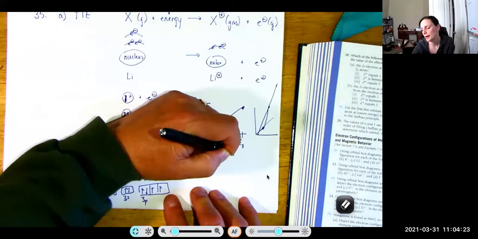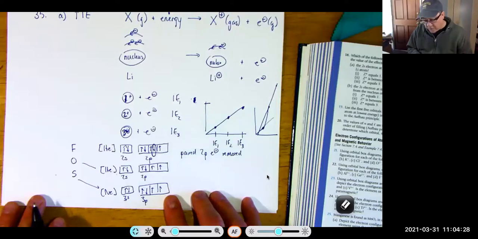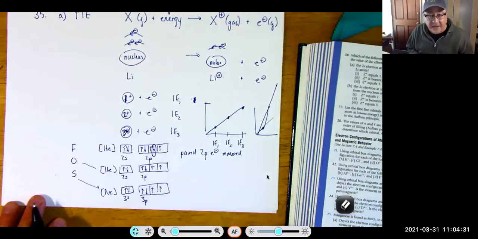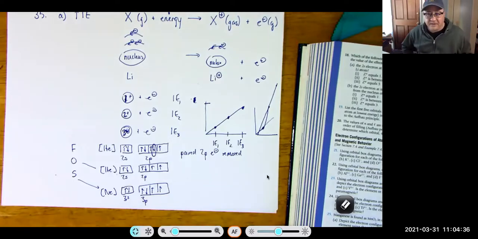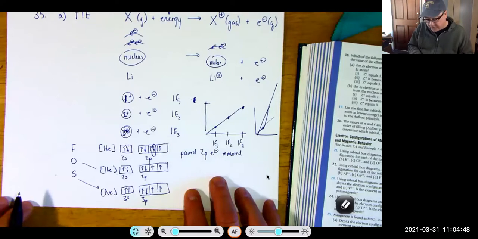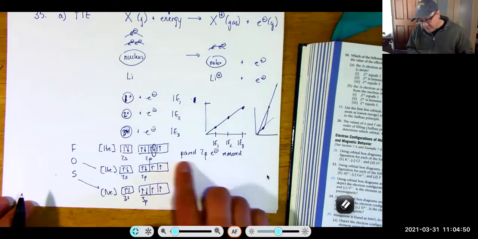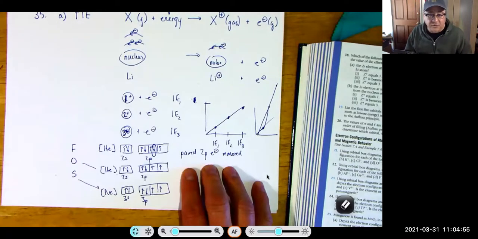And wouldn't we remove that one because it was the last one added as well? Well, we don't really need to talk about whether it's the last one added or not, because that's Hund's rule for how we put them in there. But we're talking about how do we take them out? Remember, Hund's rule is just a model for how we put the electrons in. And it's supposed to be based on stability. So we don't want to simply say, you know what, we're going to take that one away because we're following the reverse of Hund's rule. We want to be able to explain why. So why is that one taken out?